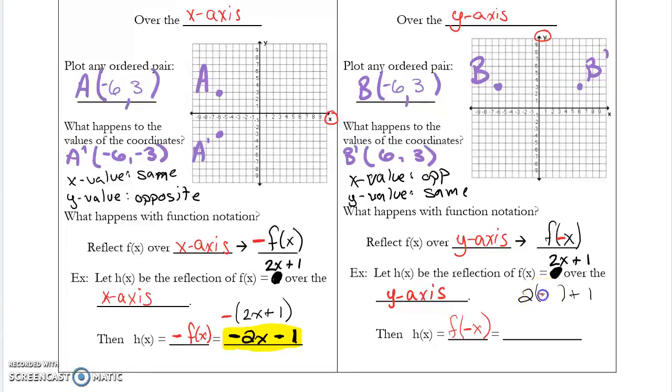I'm going to have the opposite of my x value, not the opposite of the whole function. So in this case, 2 times negative x is going to get me negative 2x, but I don't distribute it to this plus 1. This is going to ensure that my x value is the only opposite. The y value will still remain the same. Here is my new function.